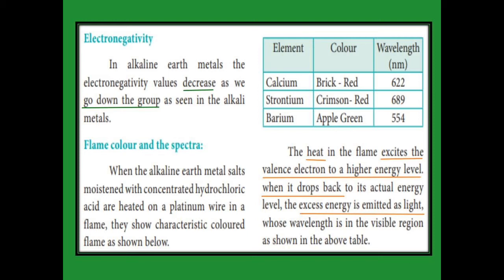Why? A valence electron on heating is excited to a higher energy level, that is called an excited electron. That excited electron goes back to the actual energy level, and the excess energy is emitted as light. That light shows some color.